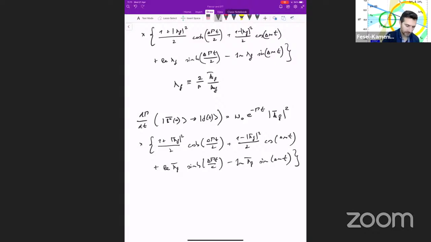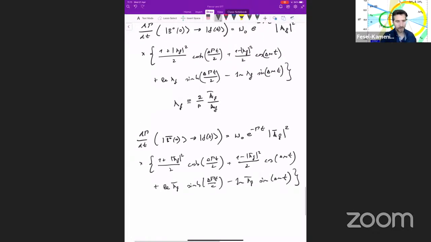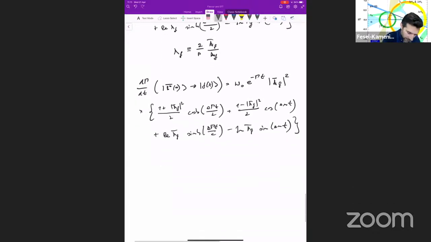Okay, so it's very symmetric with respect to B naught and B naught bar. And I've now introduced lambda bar f as being p over q times A_f over A bar f. And so you notice by comparing this lambda_f and lambda bar f, that lambda bar f is related to lambda_f by being just 1 over lambda_f. Okay?